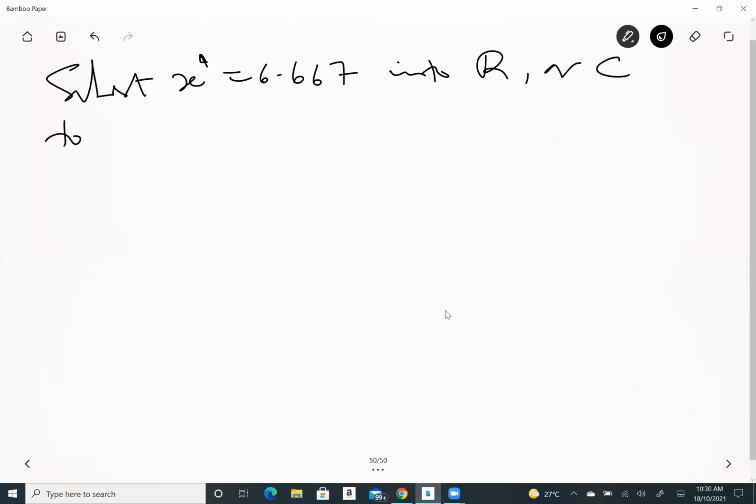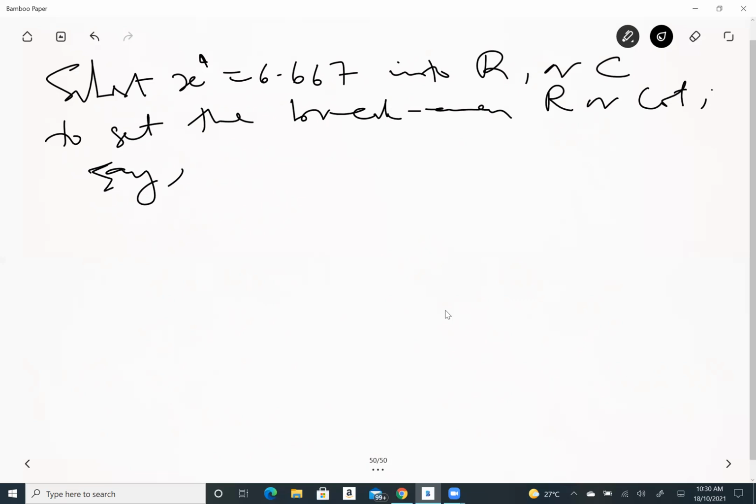To get what? To get the break-even revenue or cost. So let's say we put it into R. So we got R star equal to 1.2667.